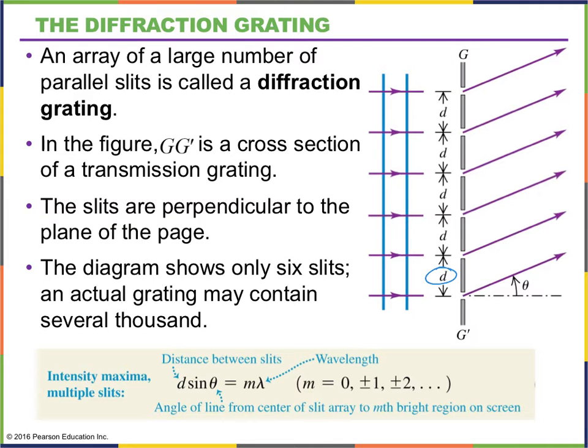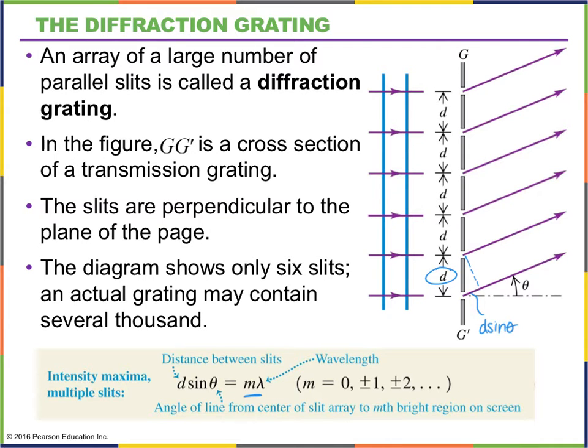If we're looking at some location on a screen a far distance away, and the light is traveling in a direction at angle theta, the difference in path between two adjacent openings would equal d sine theta. This becomes our condition for constructive interference, because if that's equal to some integer multiple of a wavelength, then we're going to get constructive interference.